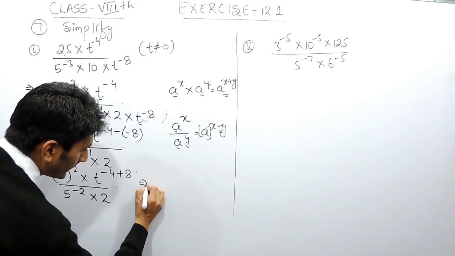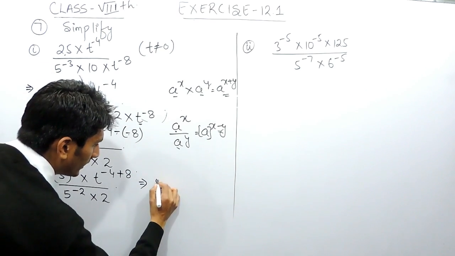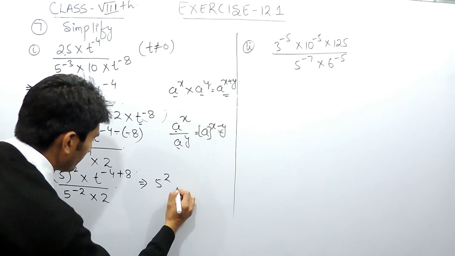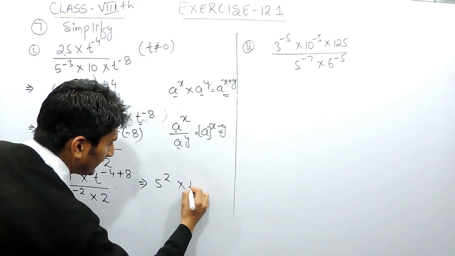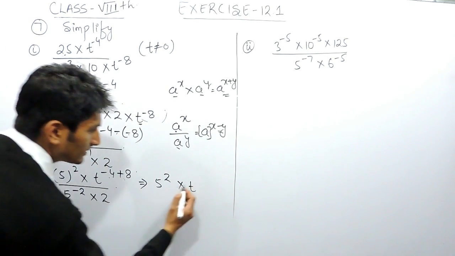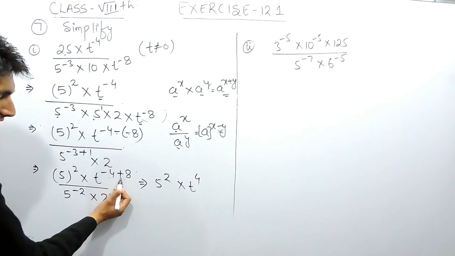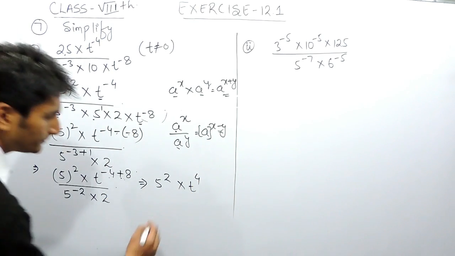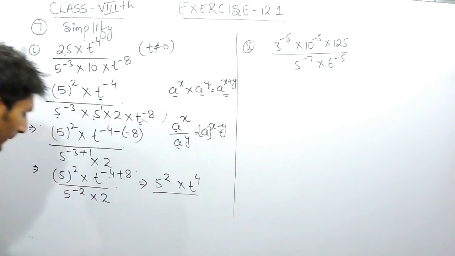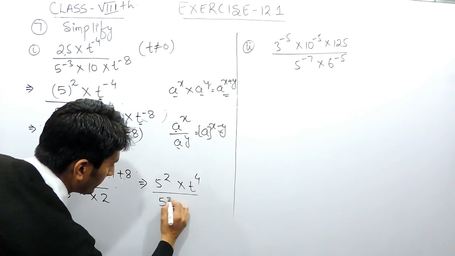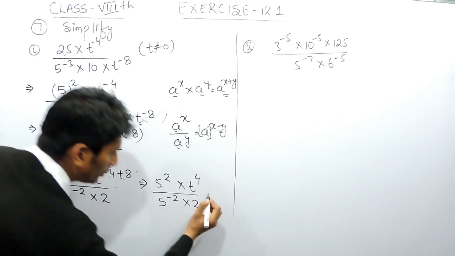Further solving, this 5 raised to power 2 will remain as it is and multiplied by t raised to power, plus minus is minus, and 8 minus 4 is 4 and the sign will be positive because the greater value has a positive sign. And this is 5 raised to power minus 2 multiplied by 2.